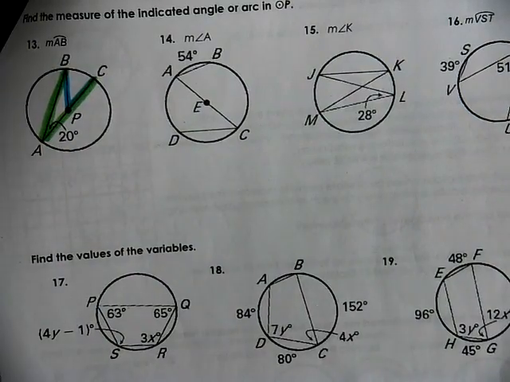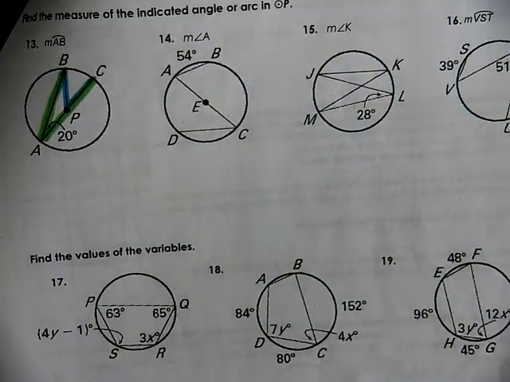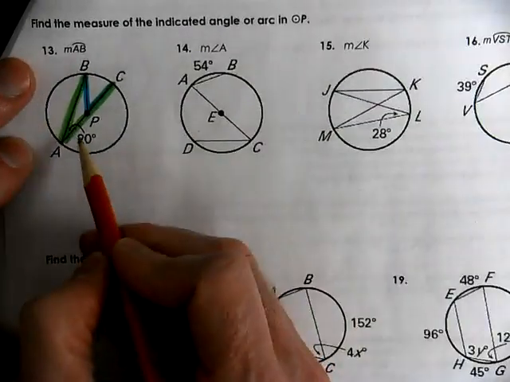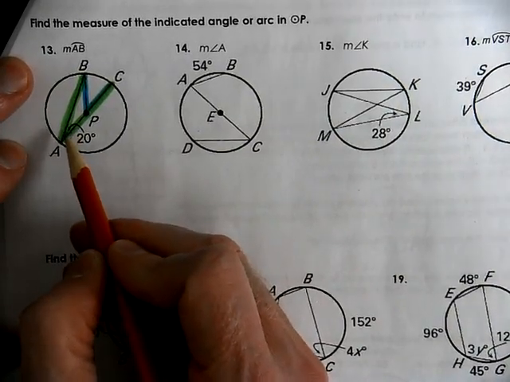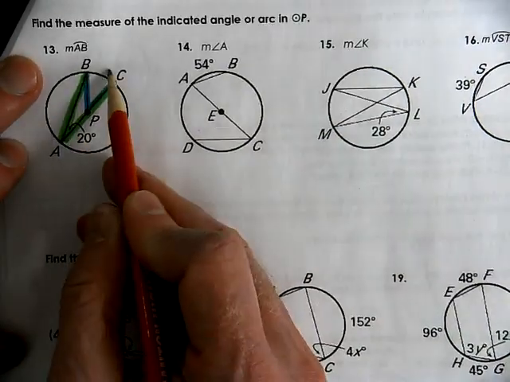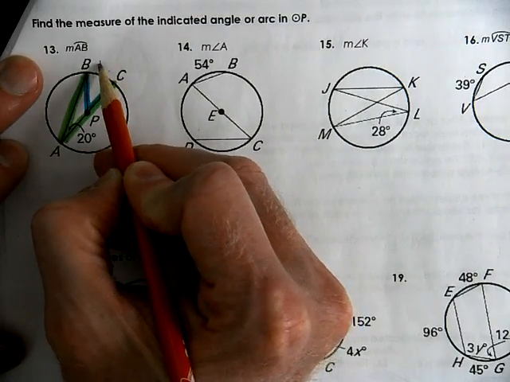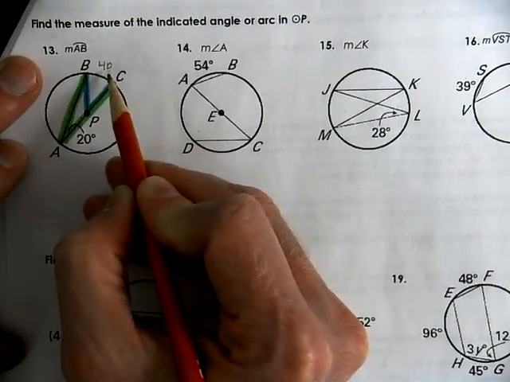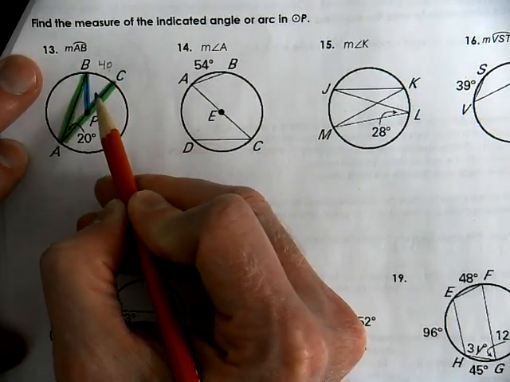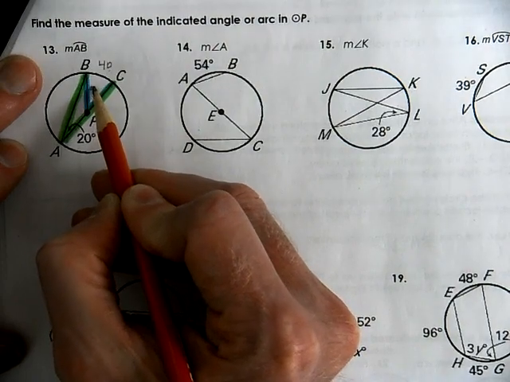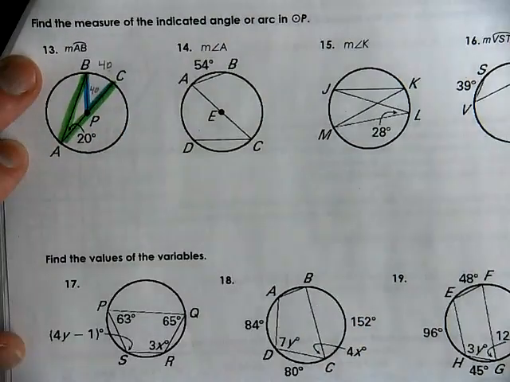So two different measurements there. One is bigger than the other. If you have an inscribed angle, the arc is going to be double that amount. But the central angle is going to be equal to that amount.